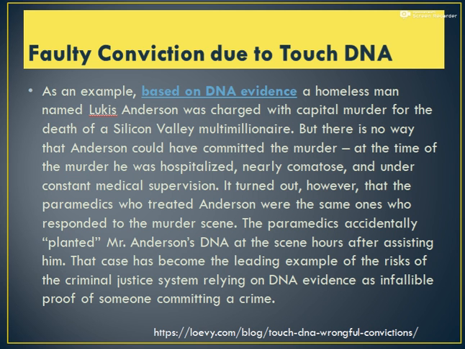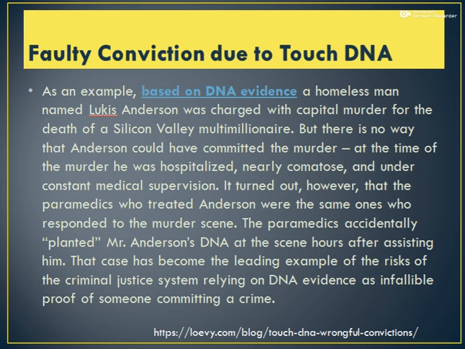And one such faulty conviction due to touch DNA was reported. It's a case where a homeless man named Lukis Anderson was charged with capital murder for the death of a Silicon Valley multi-millionaire. But there was no way that Anderson could have committed the murder. At the time of the murder, he was hospitalized, nearly comatose and under constant medical supervision.